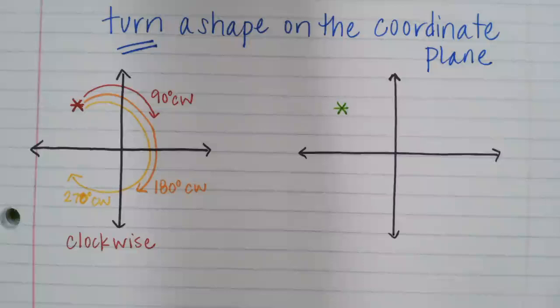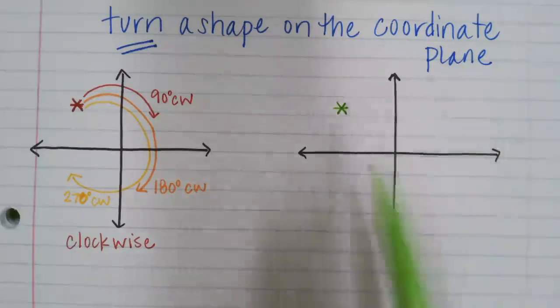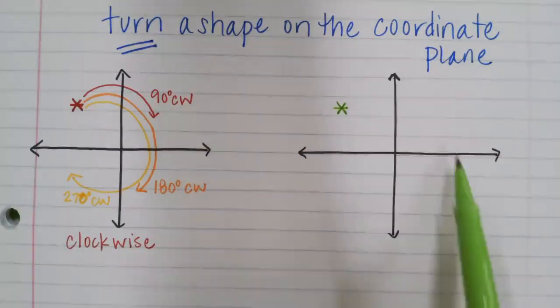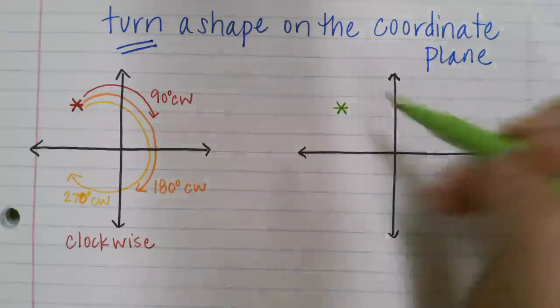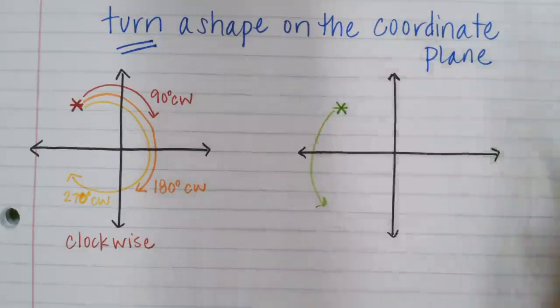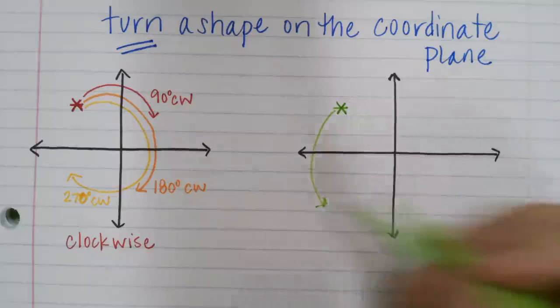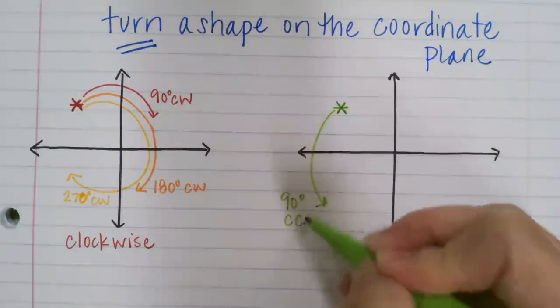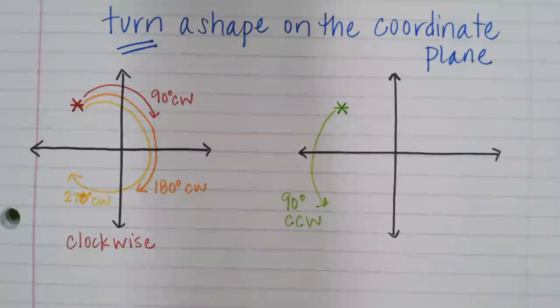Now, if I go 90 degrees counterclockwise, counterclockwise means the opposite direction of a clock. All right, so if I go 90 degrees, that's going to shift one quadrant the opposite direction. So we call this counterclockwise. Okay.